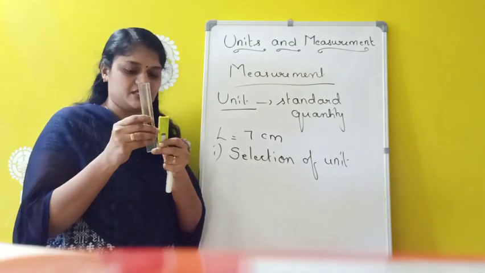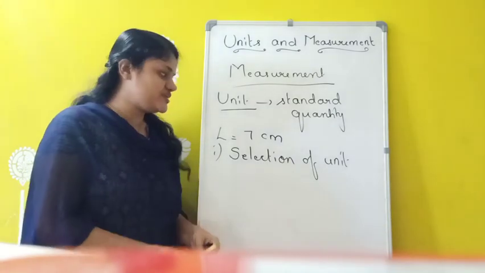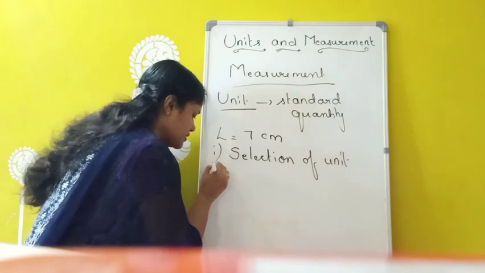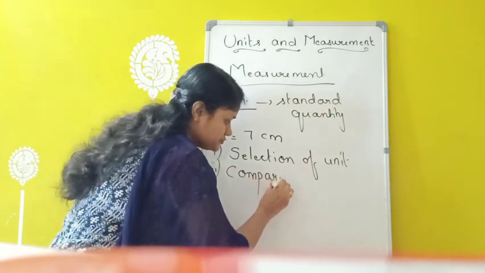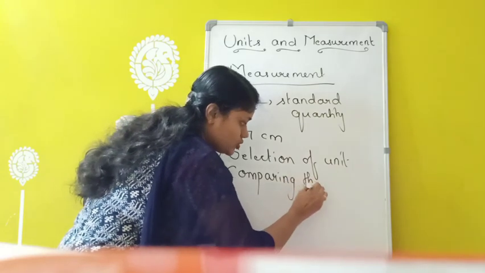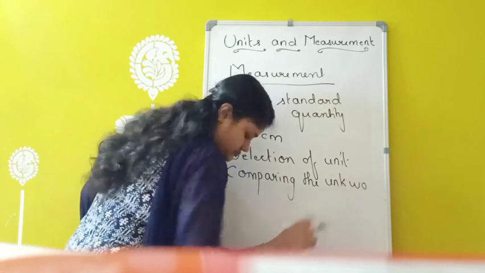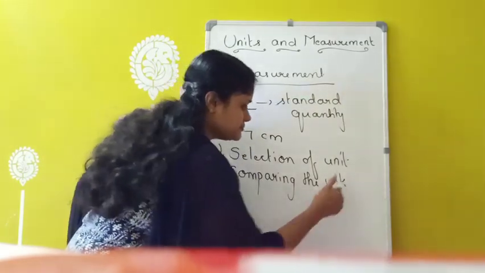So the unit is centimeter and we are using a scale to measure the length of this object. So first one is selection of unit. Then what we are doing? Second one is comparing the unknown quantity with the known quantity.